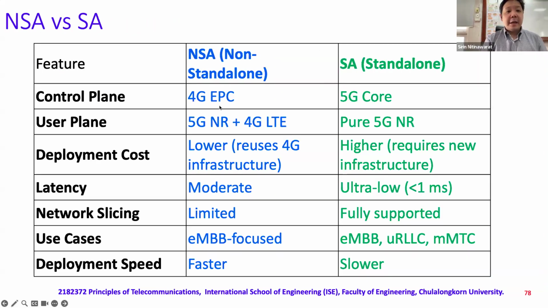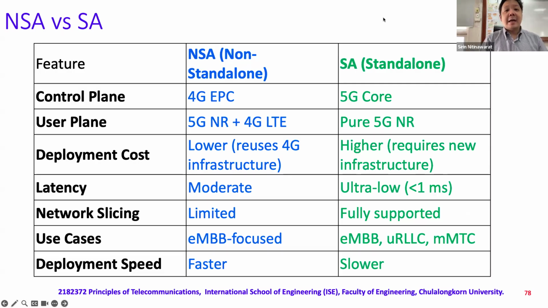So again, the difference here is in the control plane. For the non-standalone, the control plane is done over the 4G core network, right? For the standalone, because you already moved to the 5G core, there's no need to use 4G radio anymore, except for emerging cases of aggregation that I will speak about shortly.